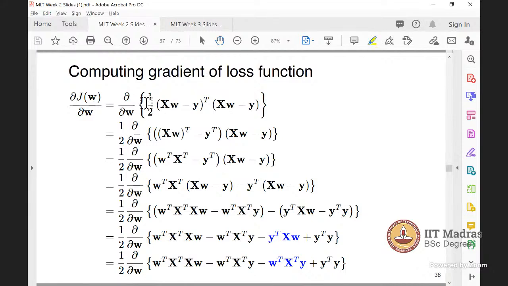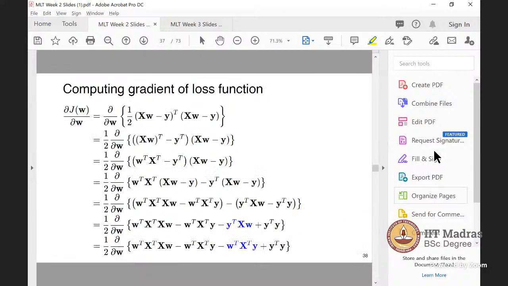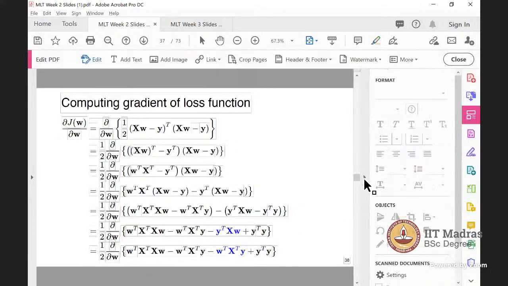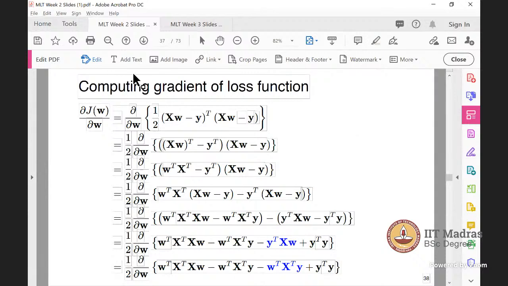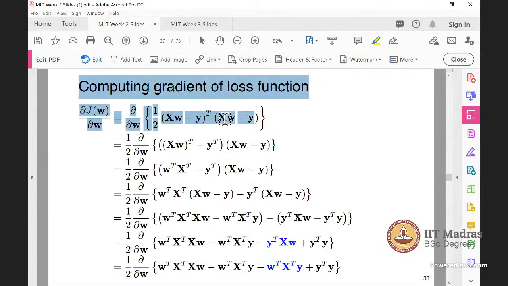Now here, as you can see, the first line is actually what Abhinandan has written just a few minutes ago.